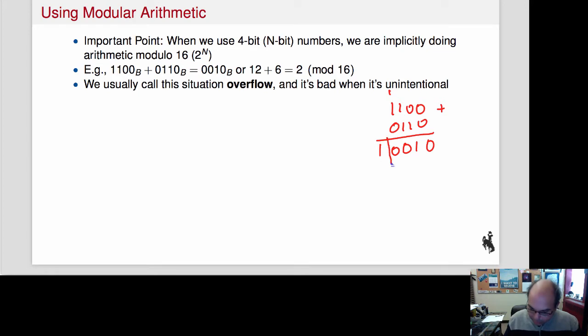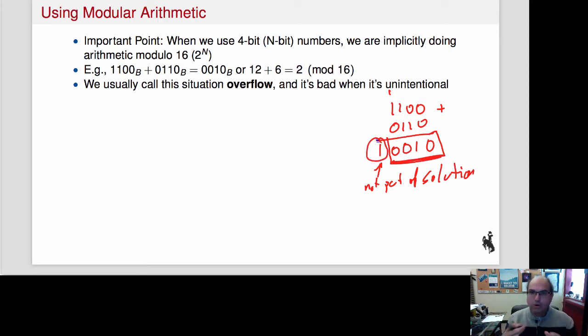But we're only going to look at 4 bits. So here they are, those are the 4 bits. This one actually is not part of the answer. Right here is the answer, okay? And what's happened is we've dropped off that leading 1, and that's the same as doing modulo 16.